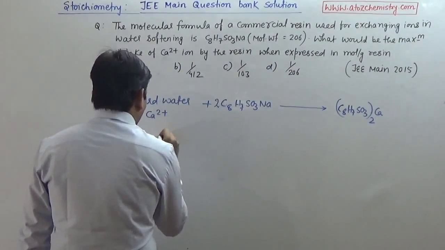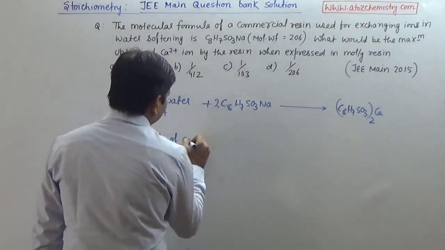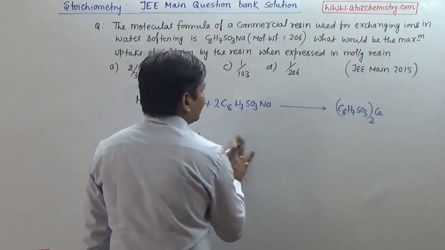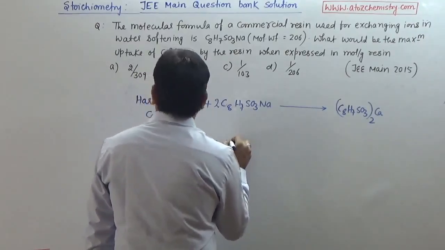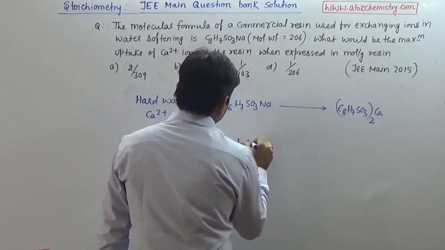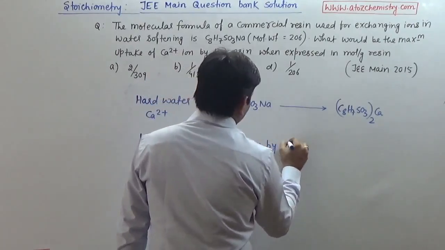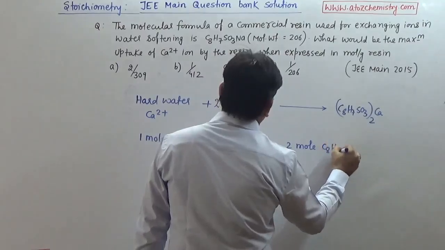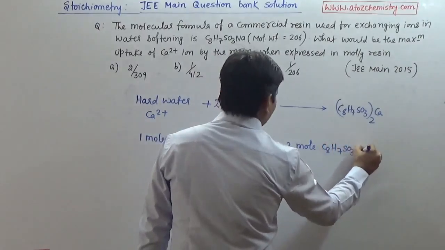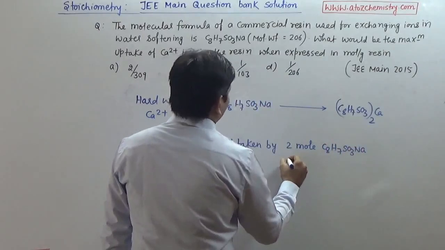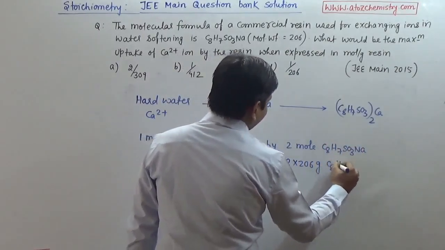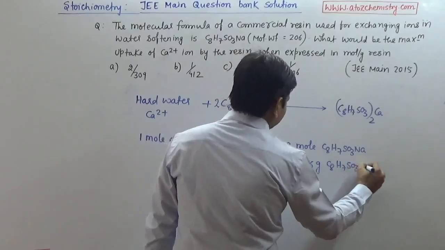1 mole of calcium 2 plus is taken by 2 mole of C8H7SO3Na, meaning 2 into 206 gram of C8H7SO3Na.